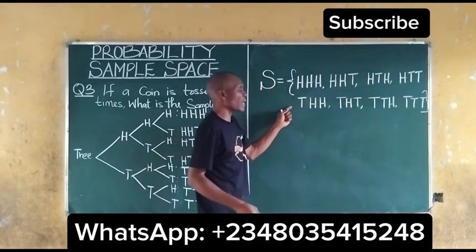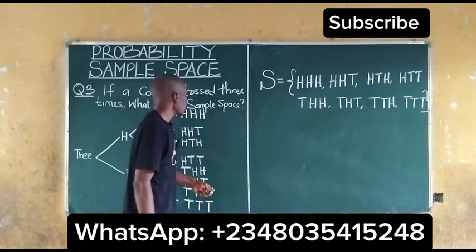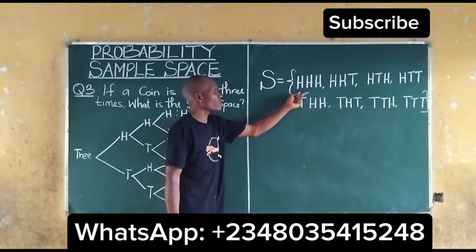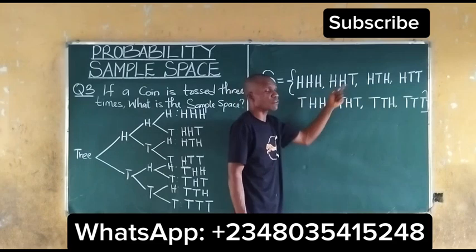So these are the possible outcomes we can get if three coins are tossed. How many outcomes? Eight of them.